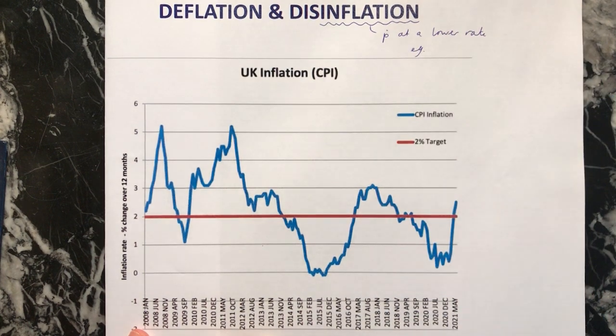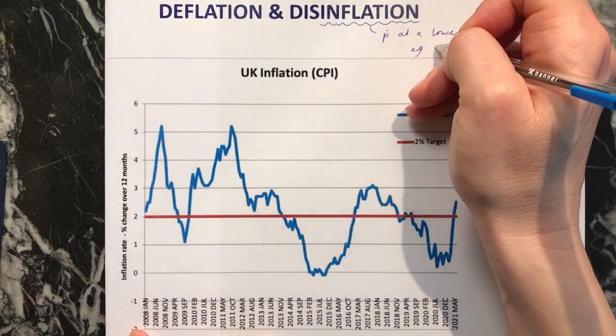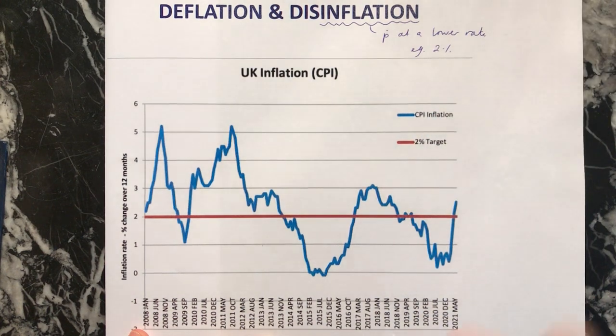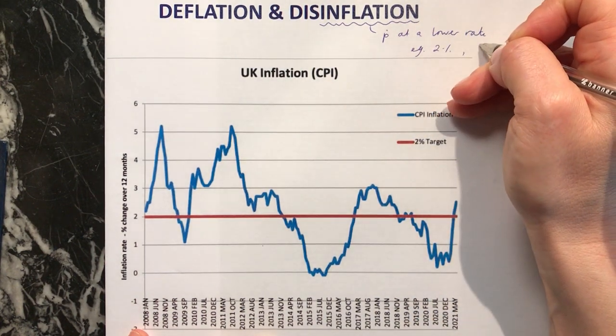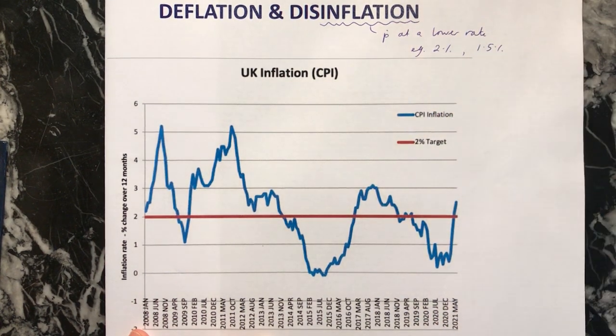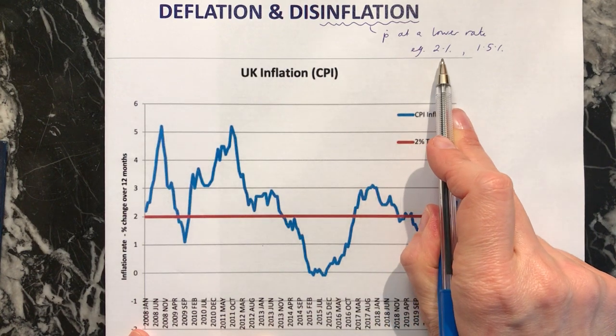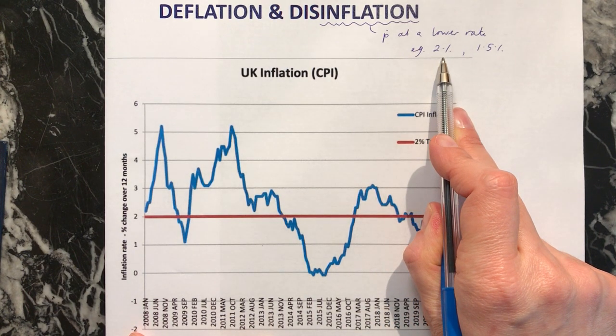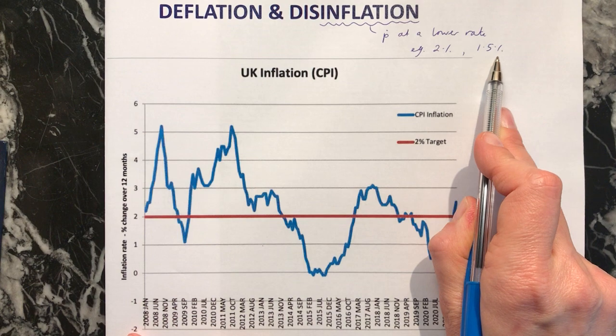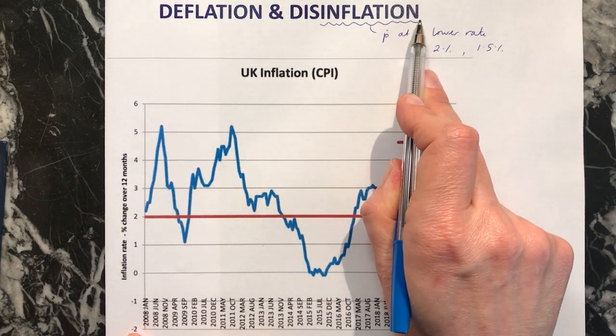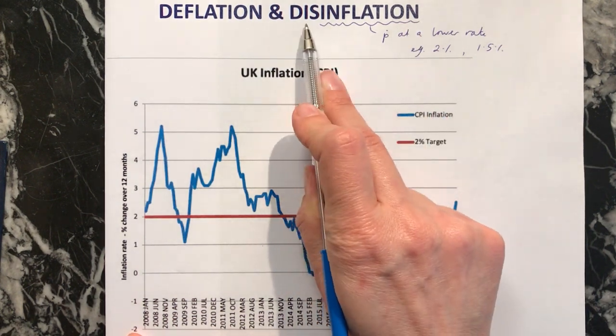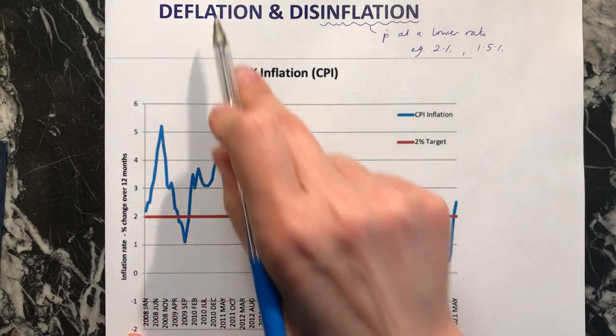So for example, maybe your inflation was 2% and now your inflation is 1.5%. So the average price level was going up by 2%, now it's going up by 1.5%. You still have inflation, you've just got less inflation than you had before.